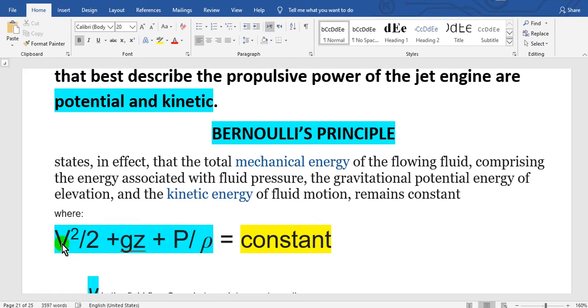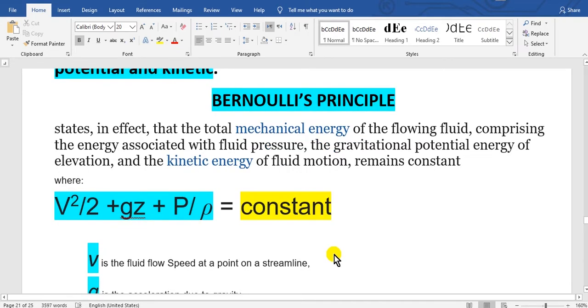At any point, if one of these values increases, another decreases, and if it decreases, another increases. Means at any point, the summation of them equals constant.